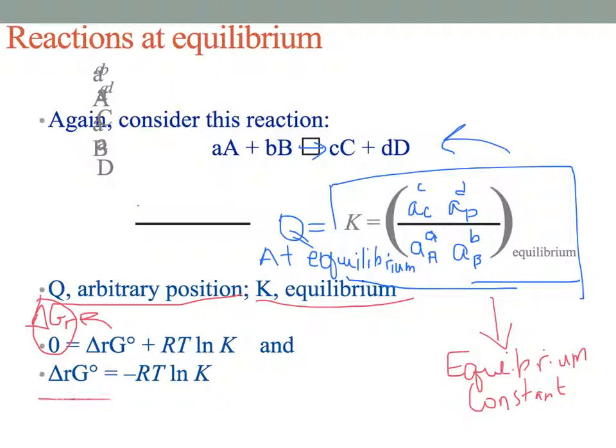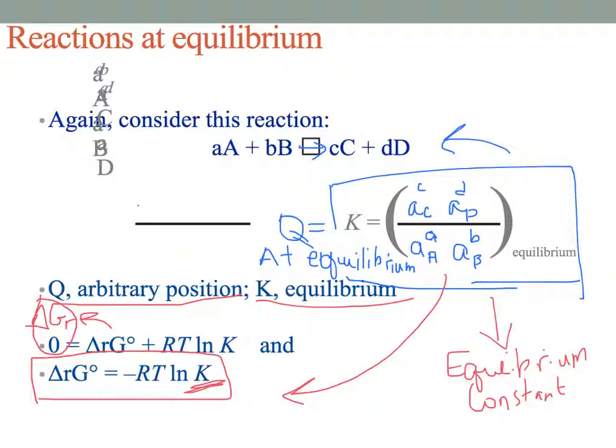So this equation now we can use at equilibrium. We can use it to find several different things. We can solve for the reaction Gibbs energy if we know what the equilibrium composition is. That means if we know the concentrations or pressures, basically the activities of the products and the reactants at equilibrium, we can then calculate K, which would then allow us to calculate the reaction Gibbs energy.